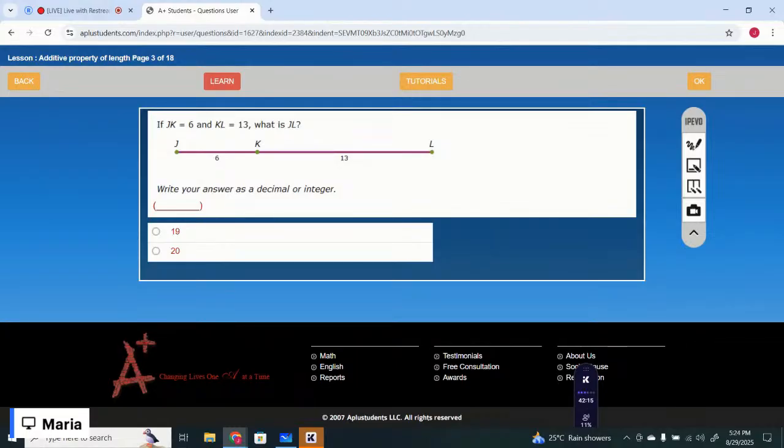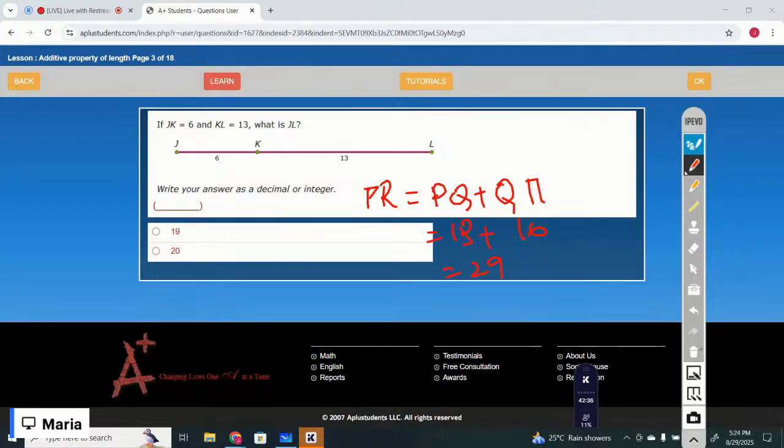If JK equals 6 and KL equals 13, what is JL? So JL equals JK plus KL.